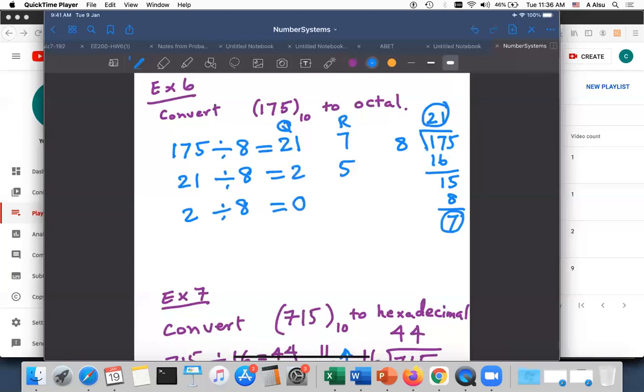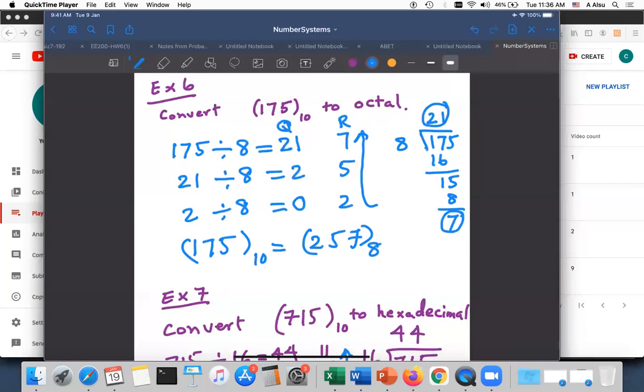The answer is 0 with the remainder of 2. So I collect the digits this way. My 175 in decimal is equal to 257 in octal.